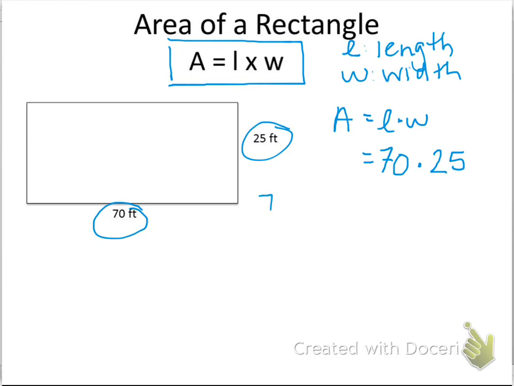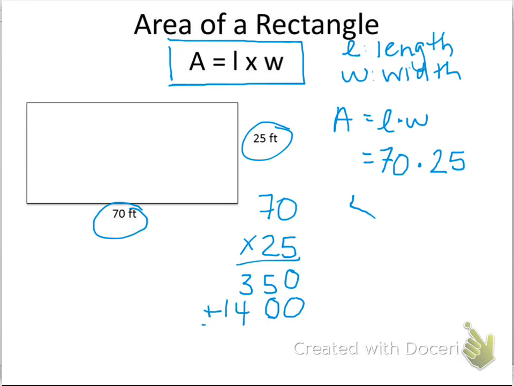Now I need to actually find it, so what's 70 times 25? 5 times 0 is 0, and 7 times 5 is 35. Then we add our ghost 0 down here. 2 times 0 is 0, and 2 times 7 is 14.